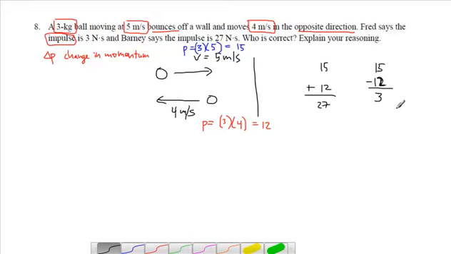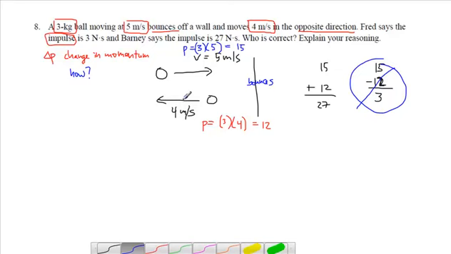And on the quiz, most people did this, which is actually wrong. The way you need to think of this is the change in momentum. So how is the momentum changing? You have momentum going to the right, and afterwards, after the ball bounces, the ball is going to go to the left.